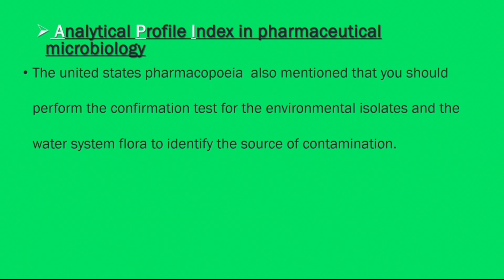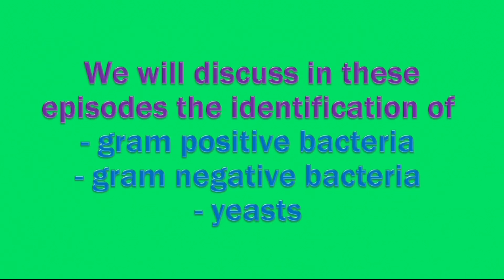It also mentioned that you should perform the confirmation test for the environmental isolate and the water system flora to identify the source of contamination. We will discuss in this episode the identification of gram-positive bacteria, gram-negative bacteria, and yeasts.